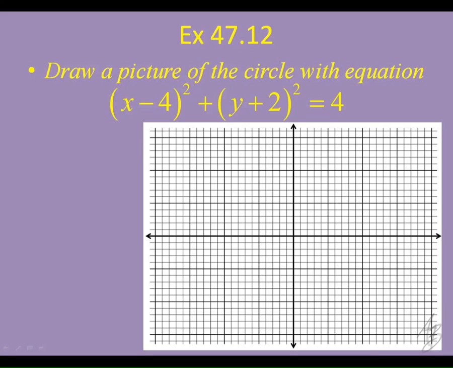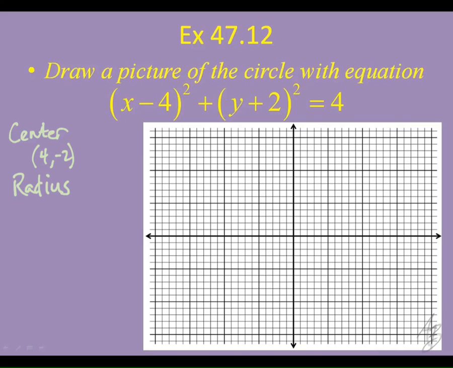Now, we needed 2 pieces of information to get the equation of the circle. So if we are given the equation of the circle, that means we know 2 pieces of information from that. What 2 things do we know about this circle from this equation? The center and the radius. So for each one of these, we're going to write down the center and the radius first. The center of this circle is going to be 4, negative 2.